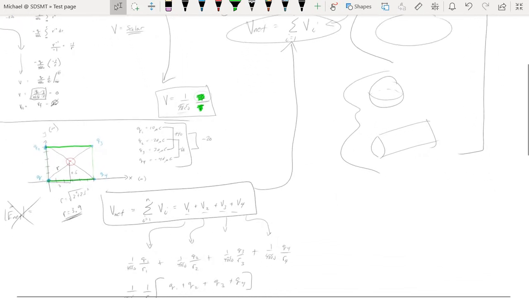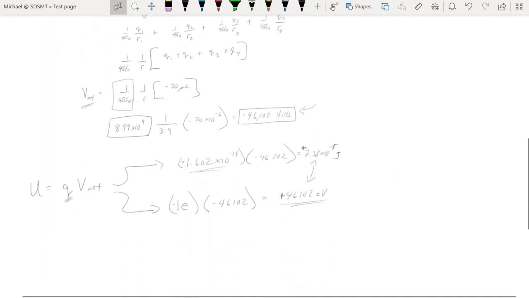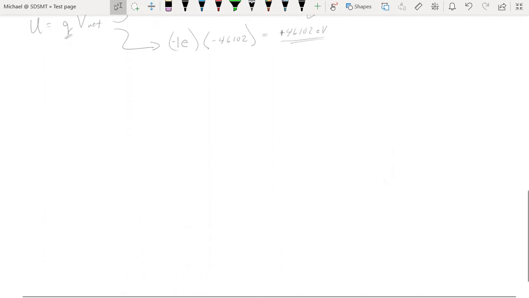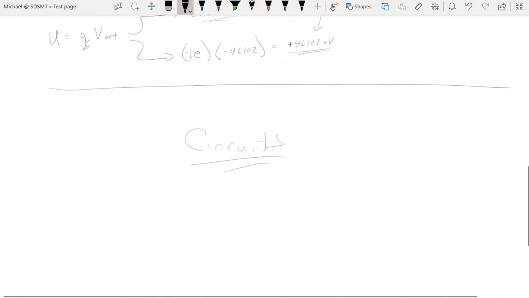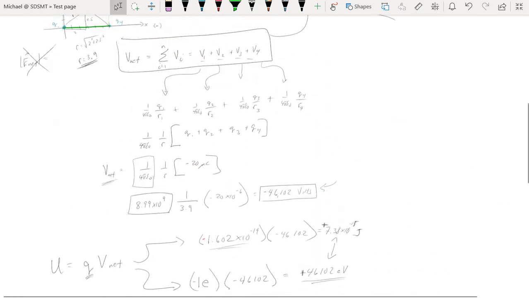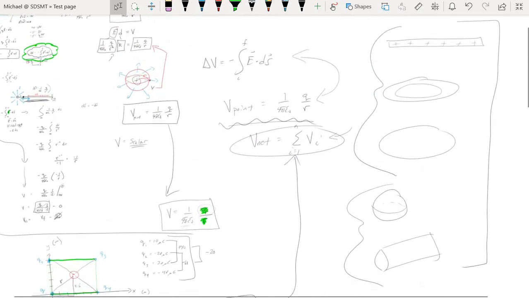And so from there we'll have a very good idea of how we're going to set up the electric potentials for any given system. And then we move on to the fun stuff, which is the circuits. And that's probably my favorite part of the semester, but we have to get through my least favorite part, which is setting up all the derivations for these electric potentials.